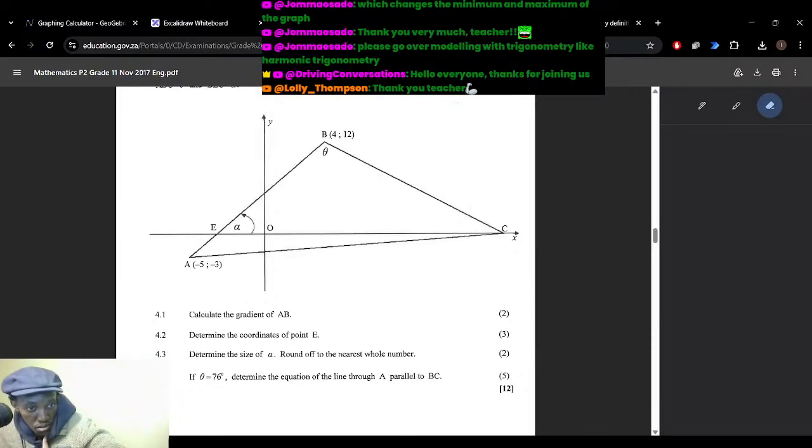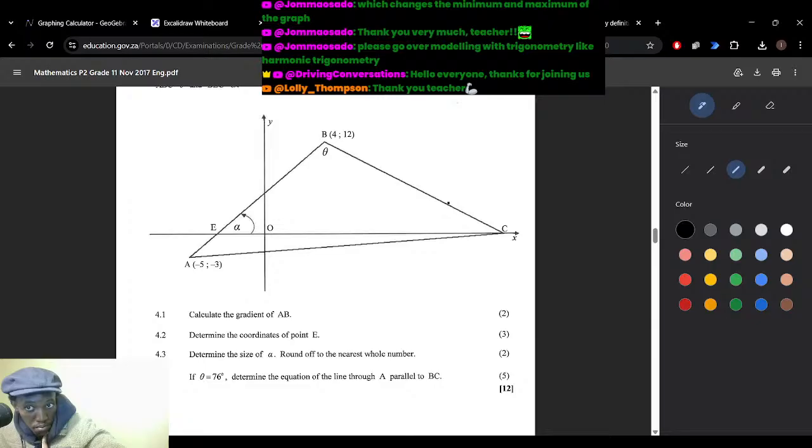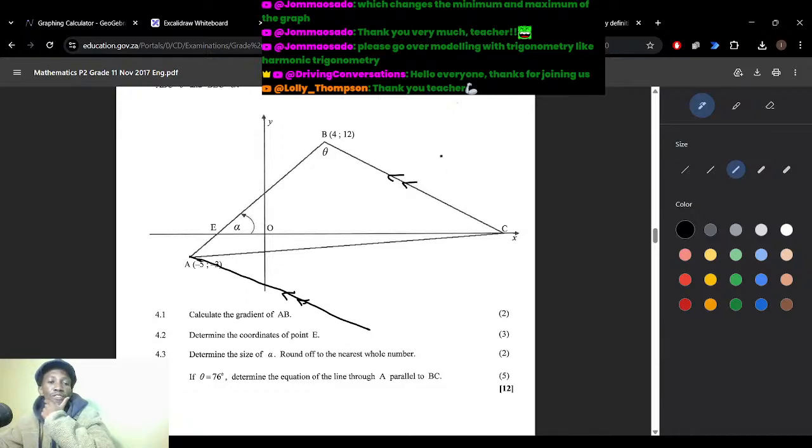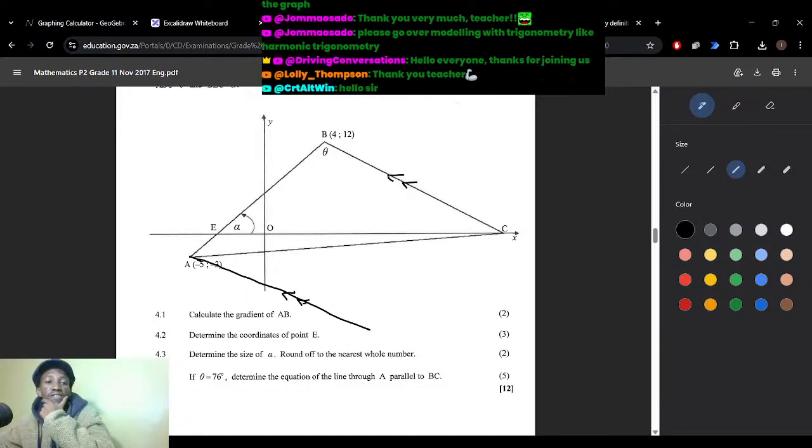So a line that is parallel to BC, now we know for a fact that these two lines will have equal gradients, right?